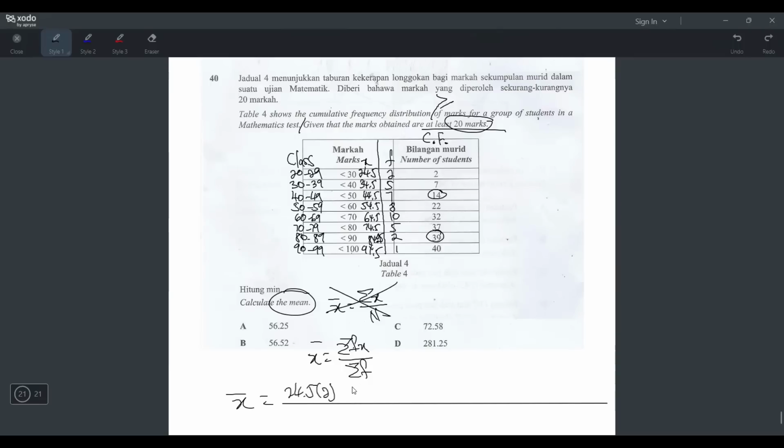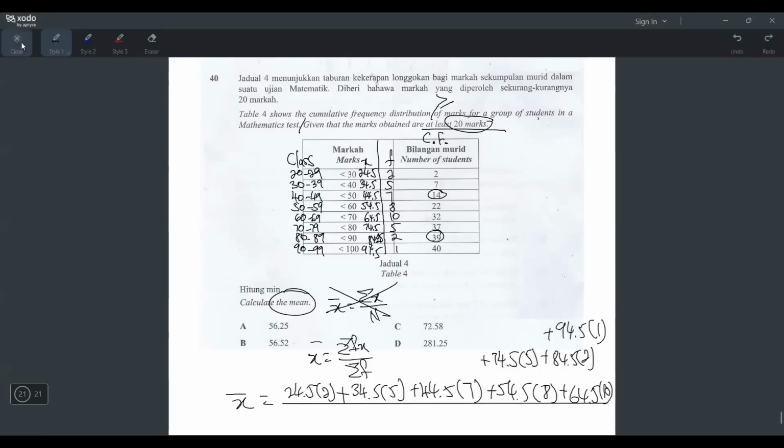Next one, 34.5 times 5, and then plus the next one, 44.5 times 7 plus 54.5 times 8 plus 64.5 times 10. Not enough space, I write here plus 74.5 times 5 plus 84.5 times 2 plus the next one 94.5 times 1. And then divide by total frequency.